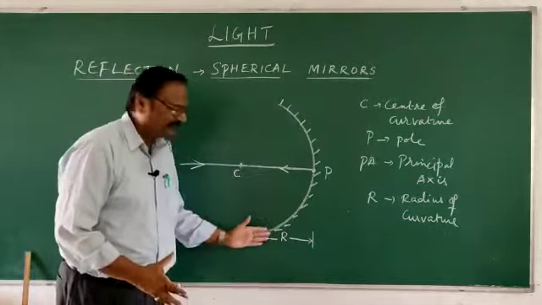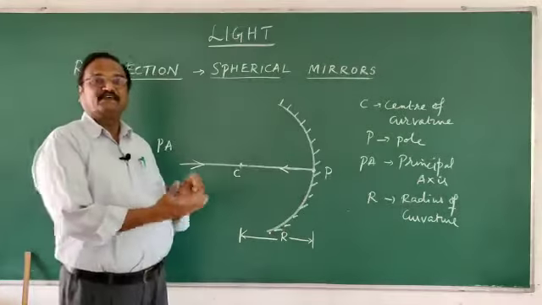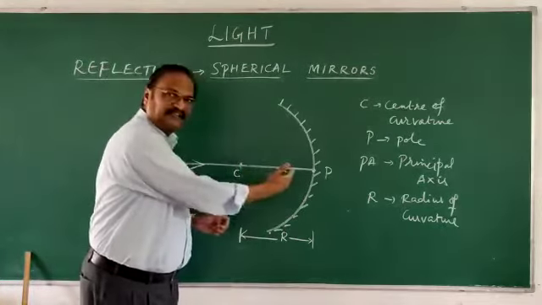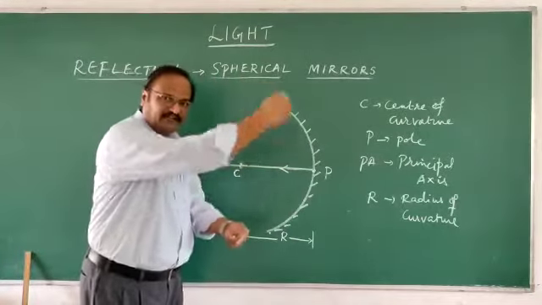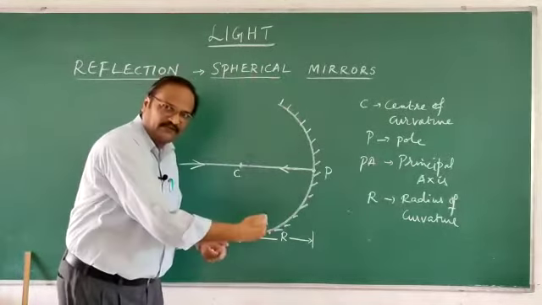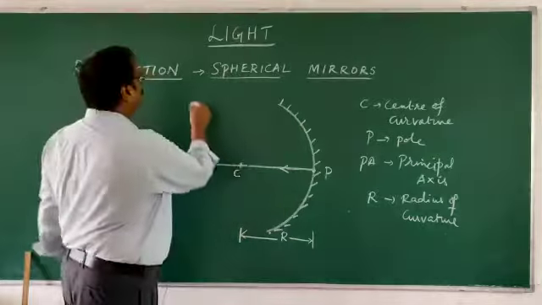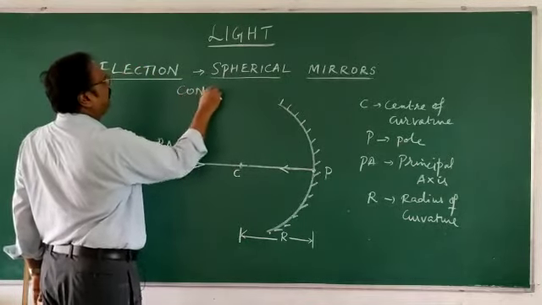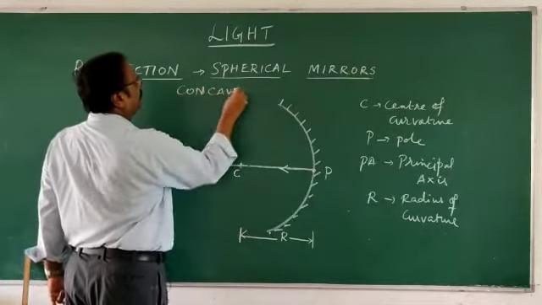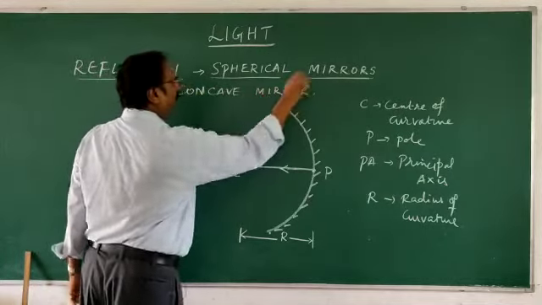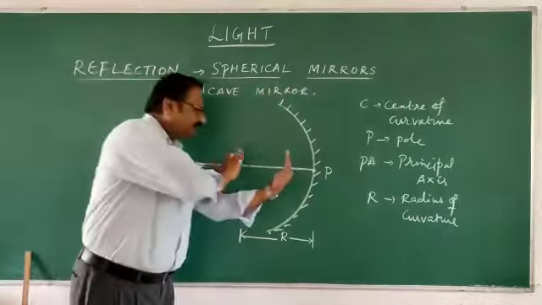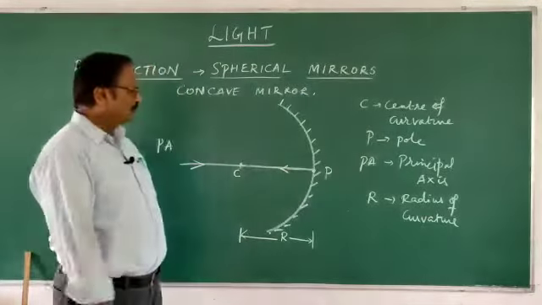And this is the mirror. The reflecting surface is inward, and that is why it is called concave. Just like a cave, it is called a concave mirror. The reflecting surface is inward.